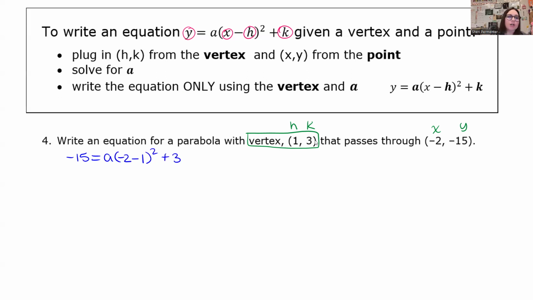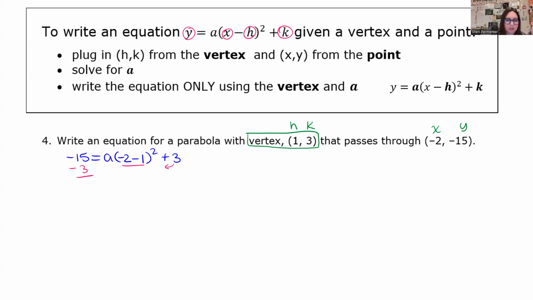From here, we're going to do 2 steps. My goal is to get the A by itself. So I am going to figure out what that number is, and I'm going to bring over the 3. If it's plus 3 on this side, I'm going to subtract 3 on this side. So I have negative 15 minus 3.